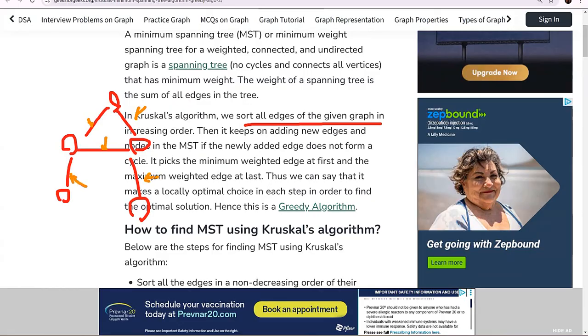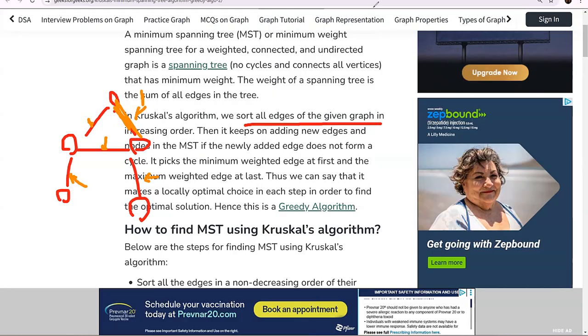If I find one, say 1 right here, that is the minimum of all the edges, then I can assume that this will be included in my minimum spanning tree, because if this one is not used, then any other edge that would replace it may add cost to my graph. Is that okay?